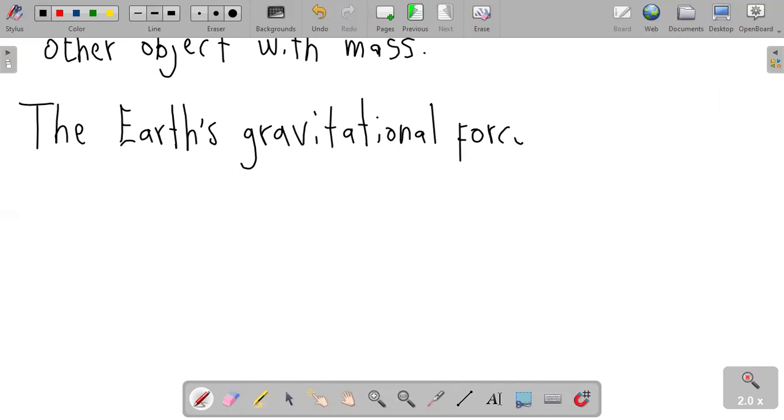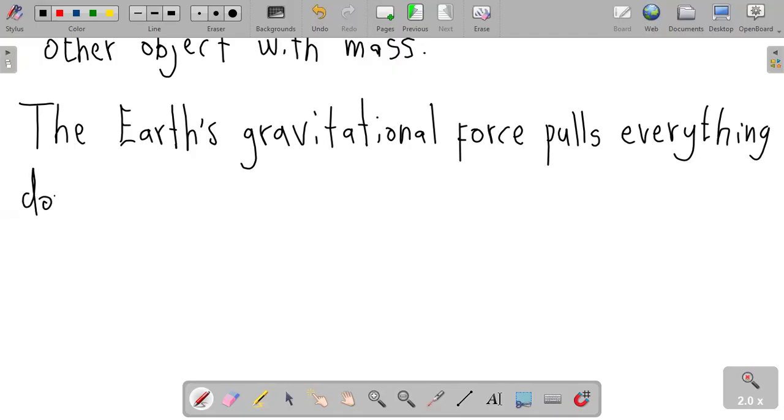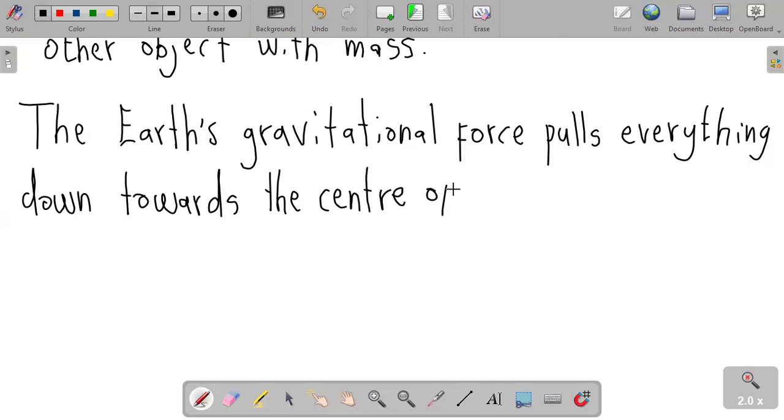The Earth's gravitational force pulls everything down towards the center of the Earth.